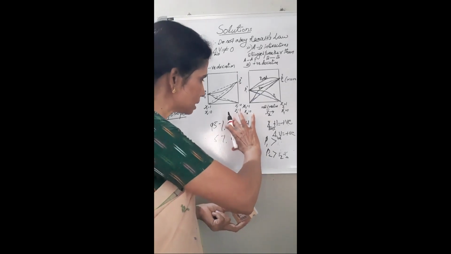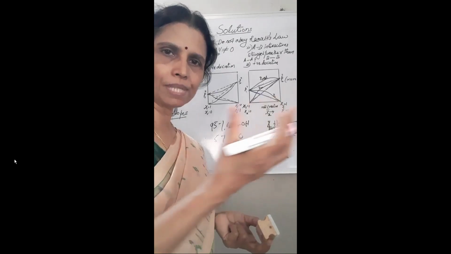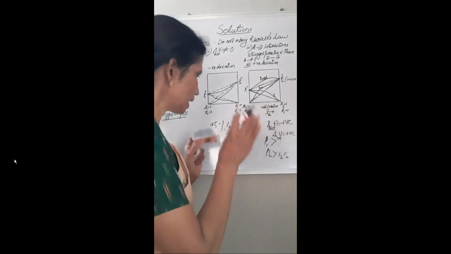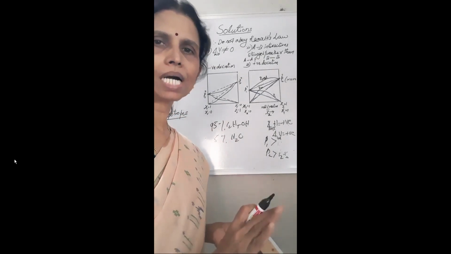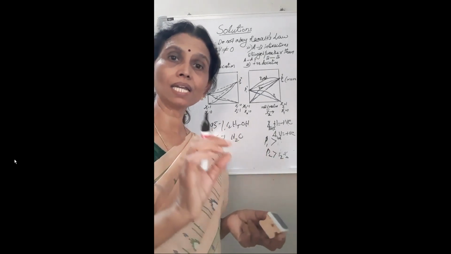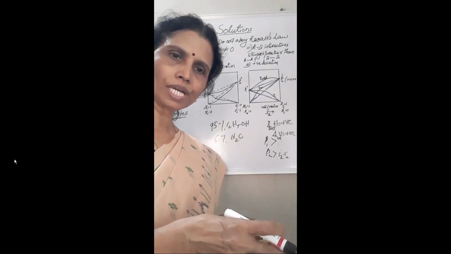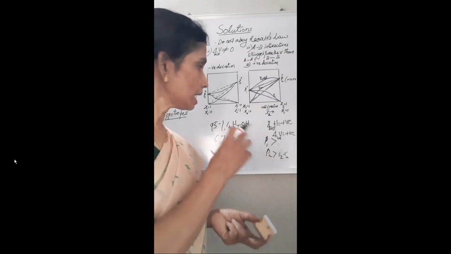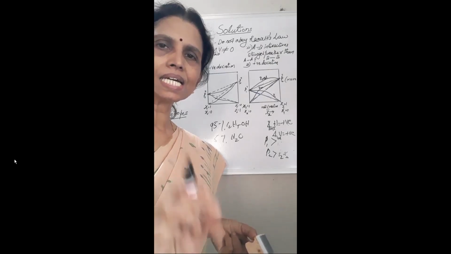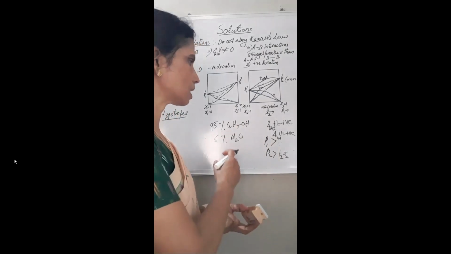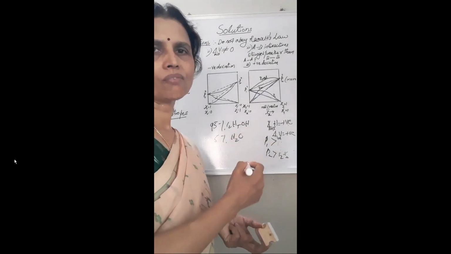But on boiling this particular mixture, the vapors we get will have again the same 95% ethanol and 5% water by mass. That is, this binary liquid mixture has the same composition in the liquid as well as in the vapor state, and it boils at a constant temperature like a single liquid, and such a mixture is called an azeotrope. So this mixture is an example of an azeotrope.